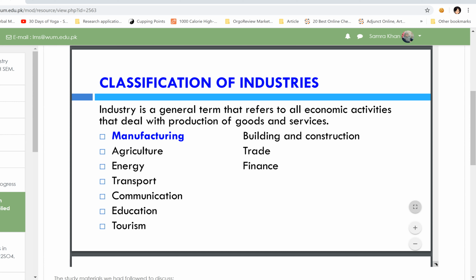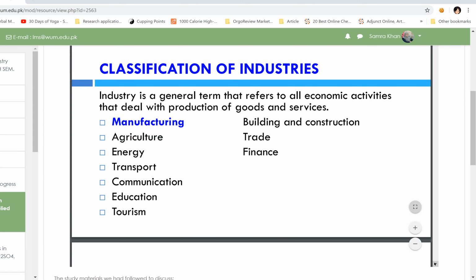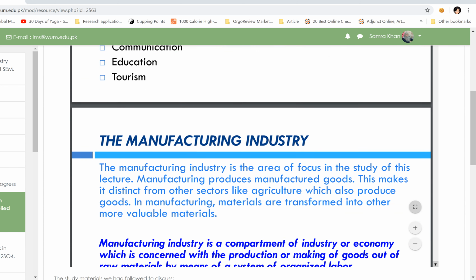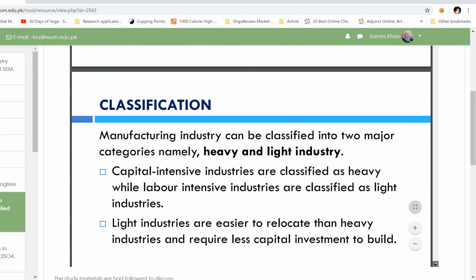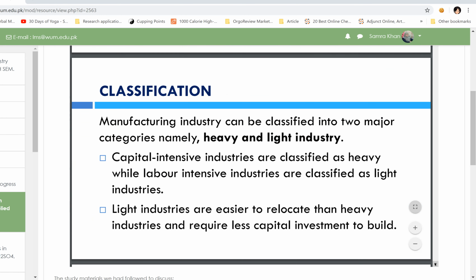It's the manufacturing, the agriculture, the energy, and the manufacturing is further divided into mechanical manufacturing and chemical manufacturing. You all know that, but I'm zipping through this quite quickly so we know. And there were two types of classification when it comes to industry: light and heavy industry.